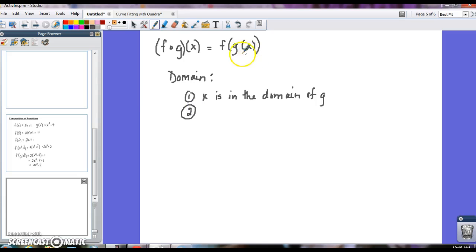So x is in the domain of that inner function. And then g of x is in the domain of f of x.